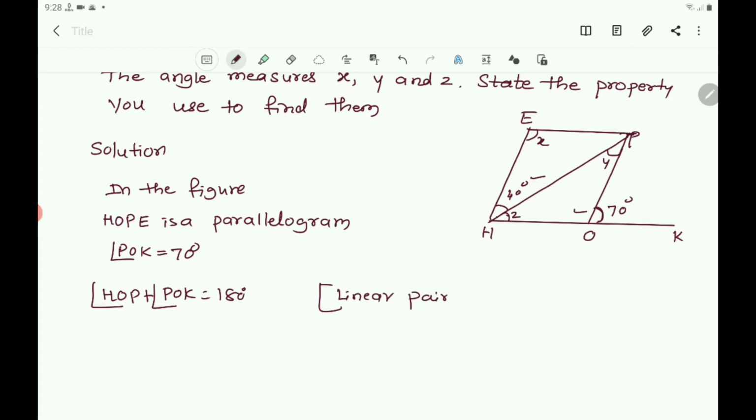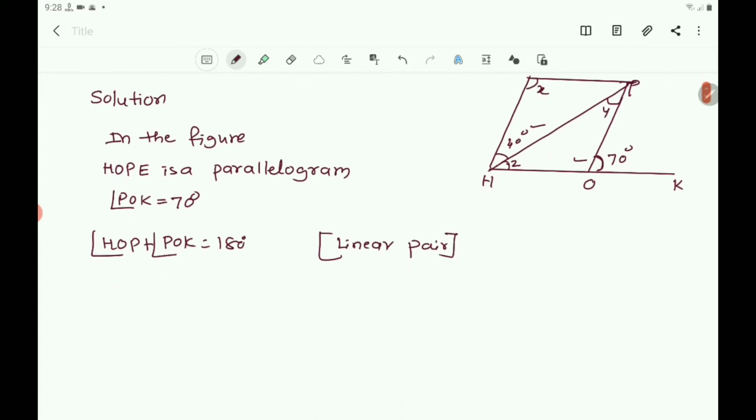The reason is linear pair here. So angle HOP plus 70 degrees is equal to 180 degrees. Therefore angle HOP is equal to 180 degrees minus 70 degrees, that is equal to 110 degrees.